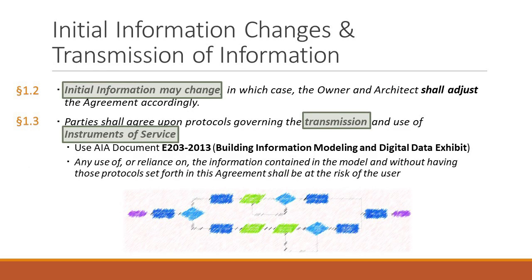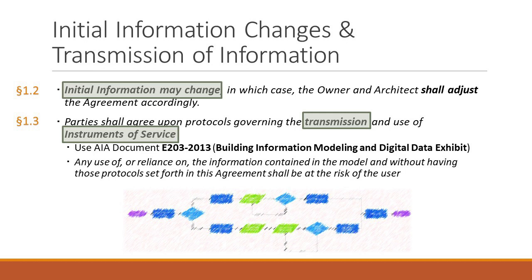So moving into 1.2, this is what I talked about, that a contract is kind of a living, breathing document. The first sentence says the owner and architect can rely on the initial information. I know who you are, you know who I am.